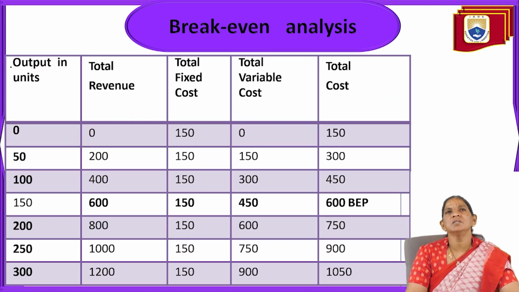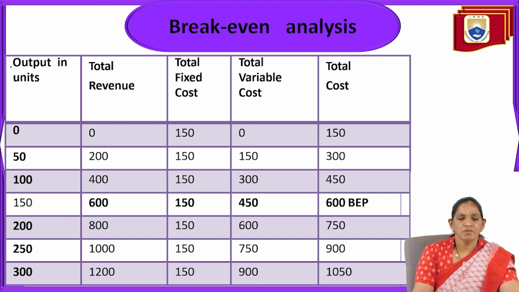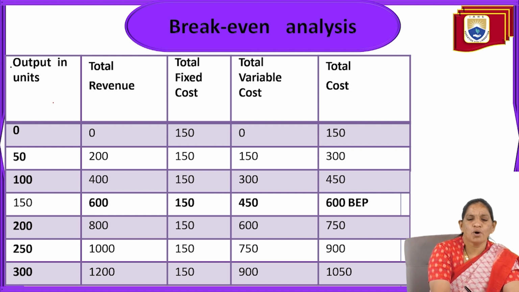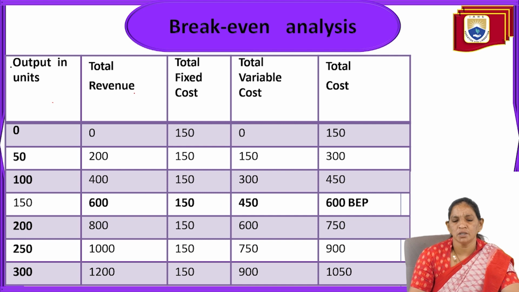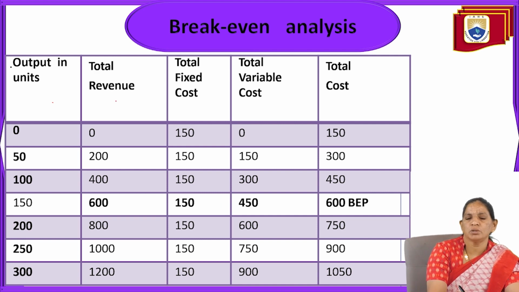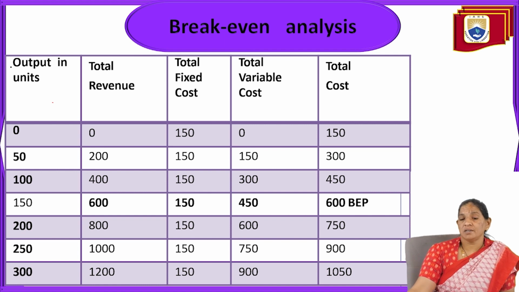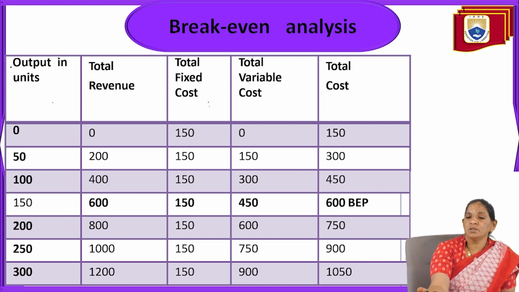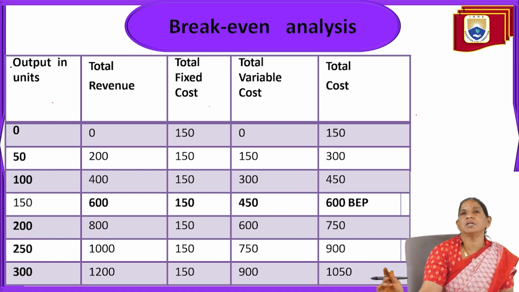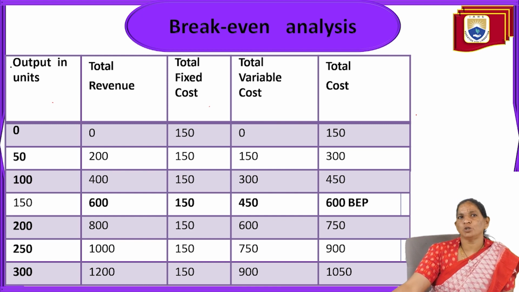So we can represent here a small chart showing the point where we can achieve the break-even. In the first column we have the output, and for that output, what is the sales or revenue we are getting in the market. For that sales or revenue, we have the total fixed cost and total variable cost, and we are able to identify the total cost.